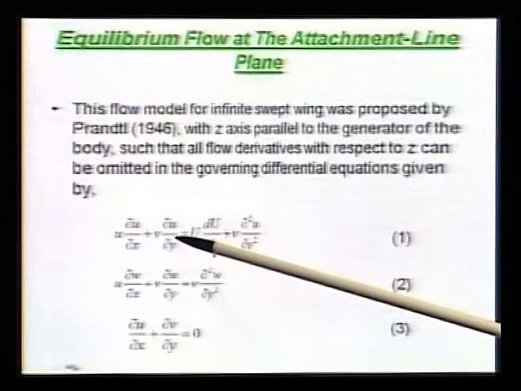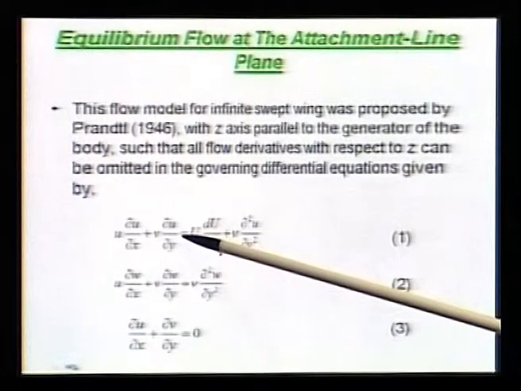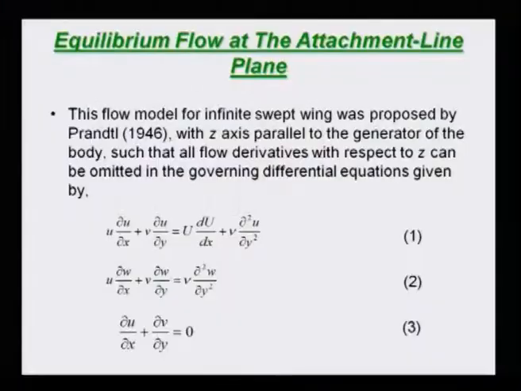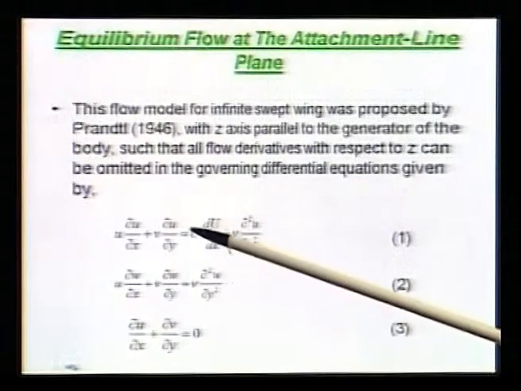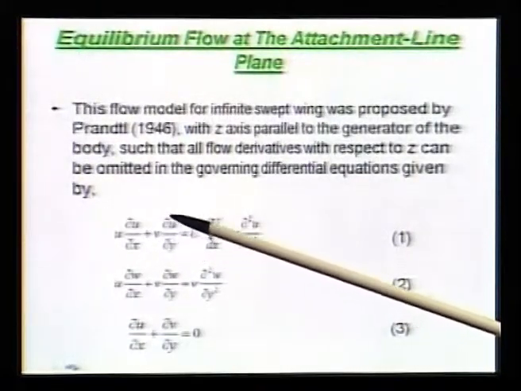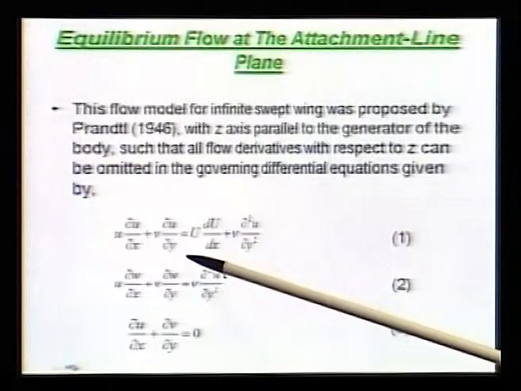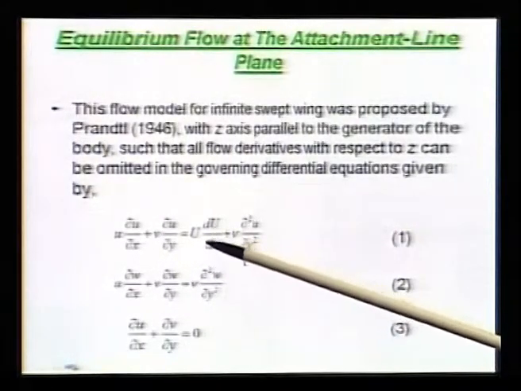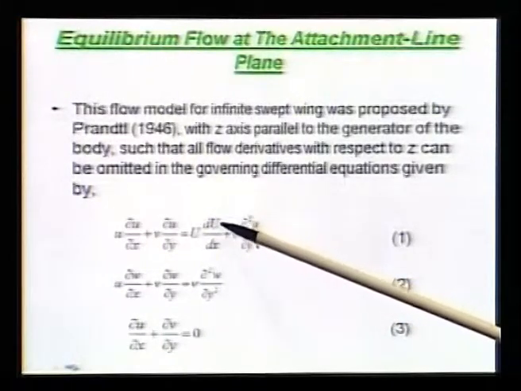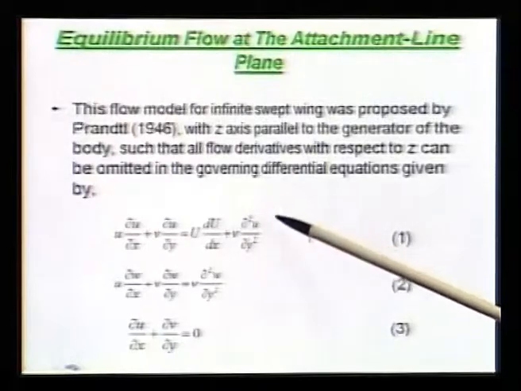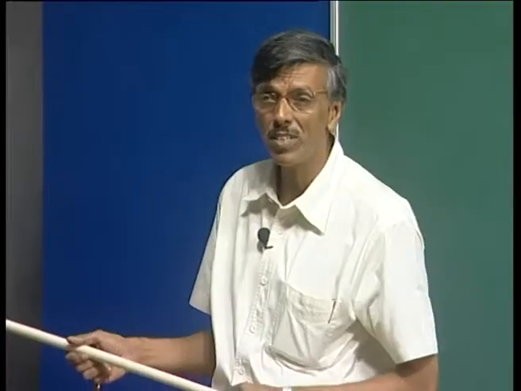So, this is your x momentum equation. We are writing it in the wing fixed coordinate system. u is the velocity component in the x direction, v is the velocity in the y direction, and then what is this term? You can recognize it, this is the pressure gradient term in the x direction, and this is your viscous diffusion term.